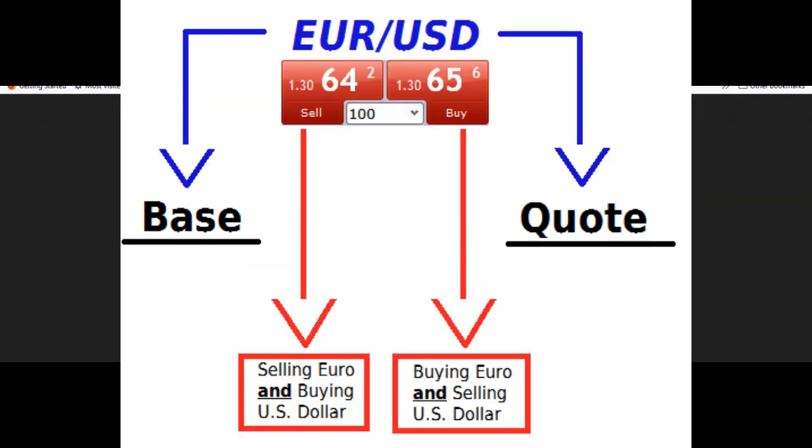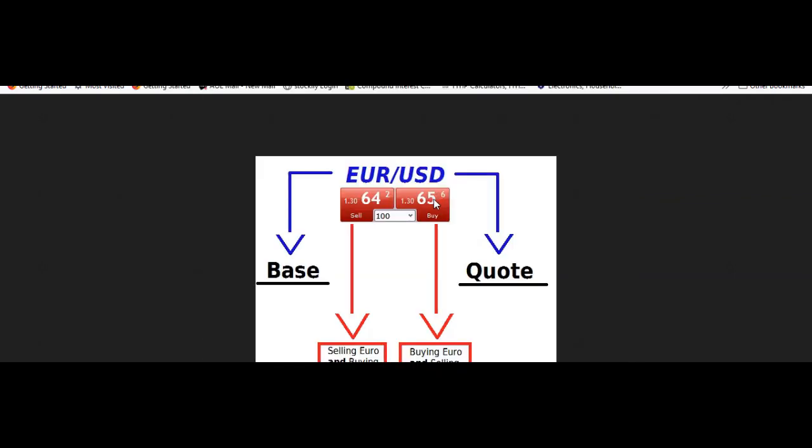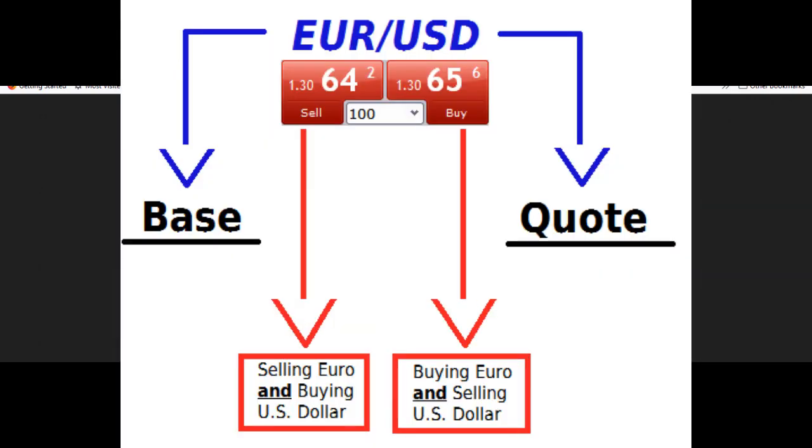Now, once you understand that you're actually doing two trades at once here, you're selling and you're buying, or if I was taking this side here, then what I'm doing is buying the euro and I'm selling the USD.